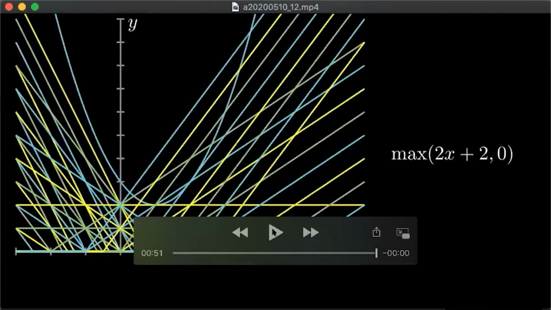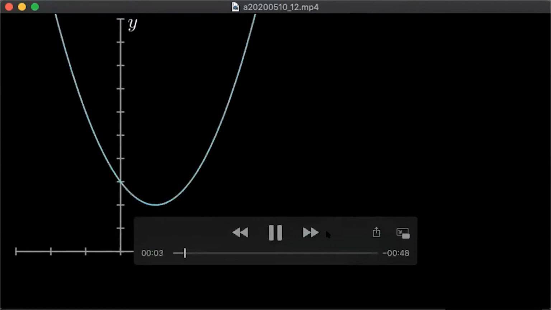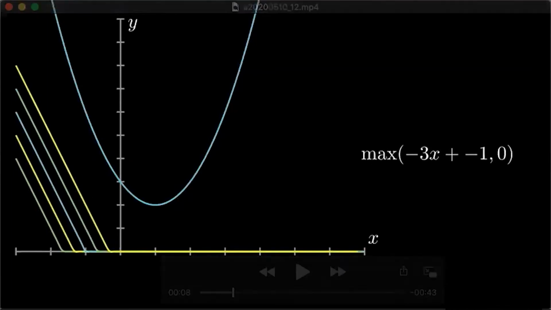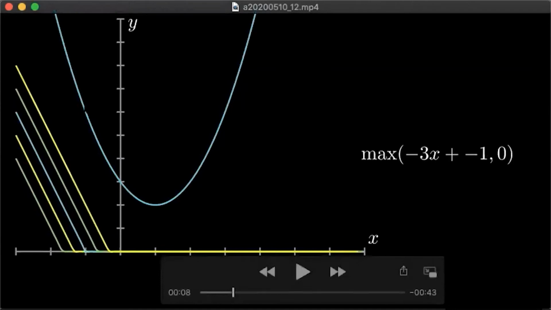In this graph, let's watch the graph again. Okay, I start here. So for example, this is the function that we wanted to approximate. Of course, we don't know this one, but here on the right-hand side, there is a max of something, comma, 0. So that is the ReLU function operated on some node.